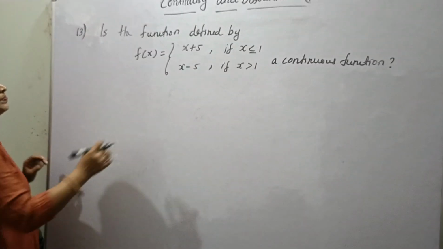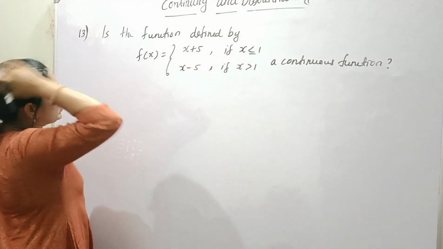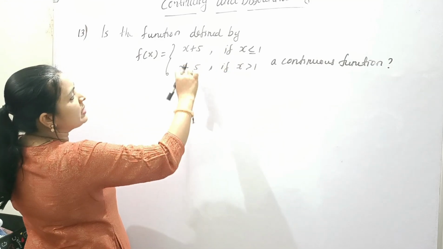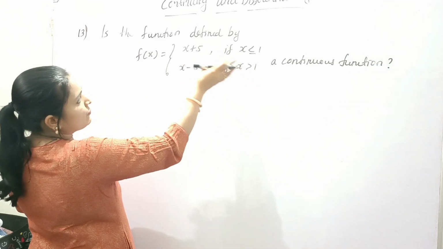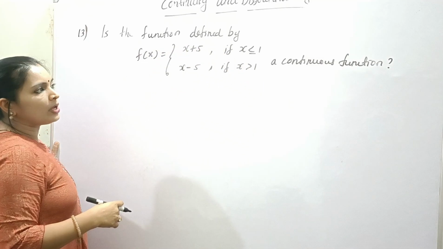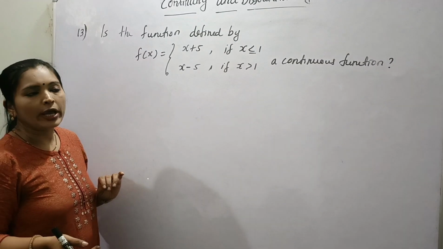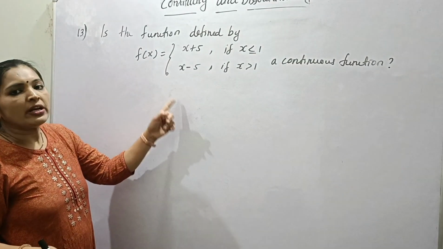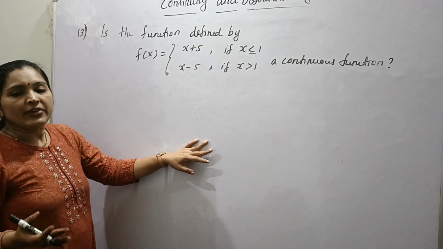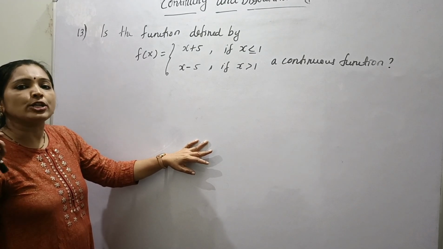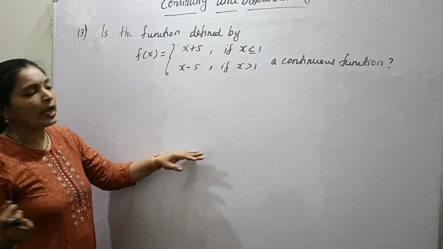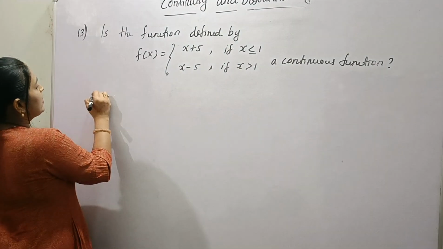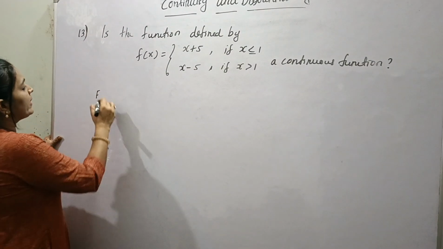First of all, when x less than 1 and x greater than 1, the function is a polynomial function and it is continuous. So the function is continuous at x less than 1 and x greater than 1. Next we have to check whether this function is continuous at x is equal to 1. See, all are similar questions, right?